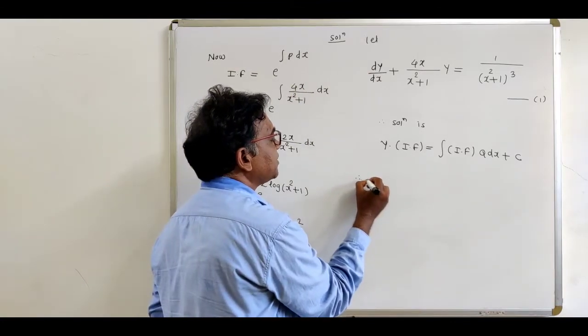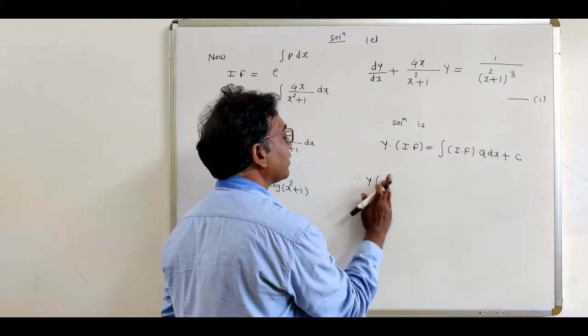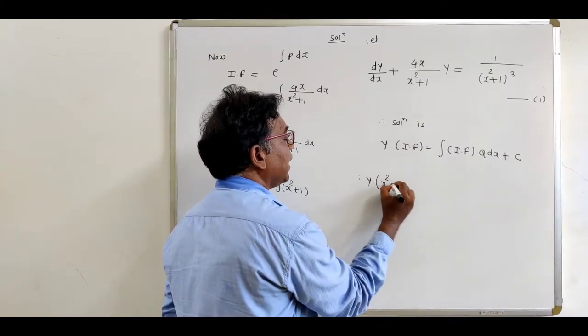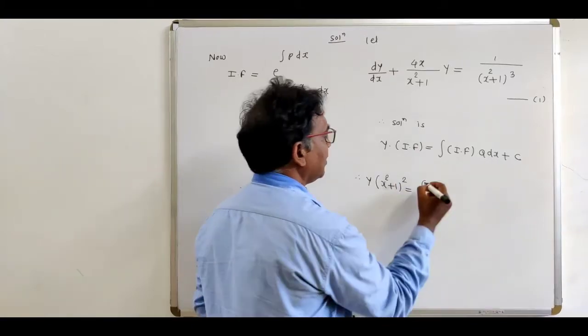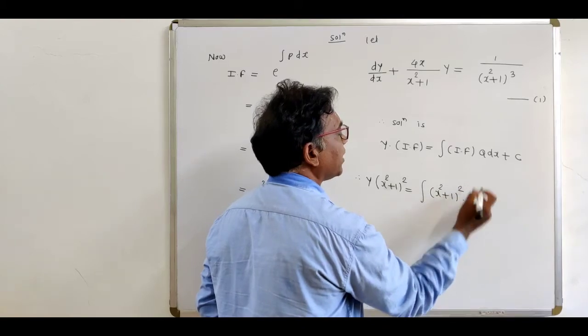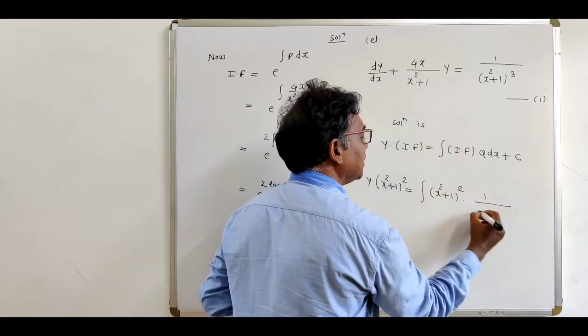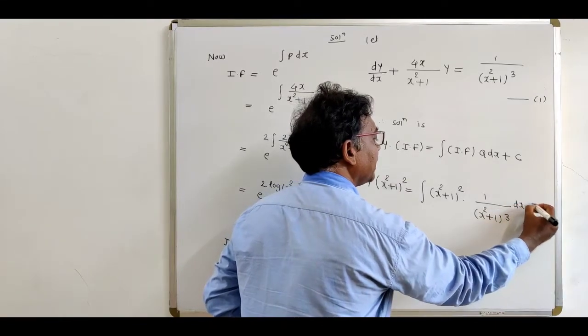Put the values: y into (x square plus 1) whole square is equal to the integral. We have found the integrating factor (x square plus 1) whole square, and the value of q is (x square plus 1) whole cube, so it is 1 upon (x square plus 1) whole cube dx plus c.